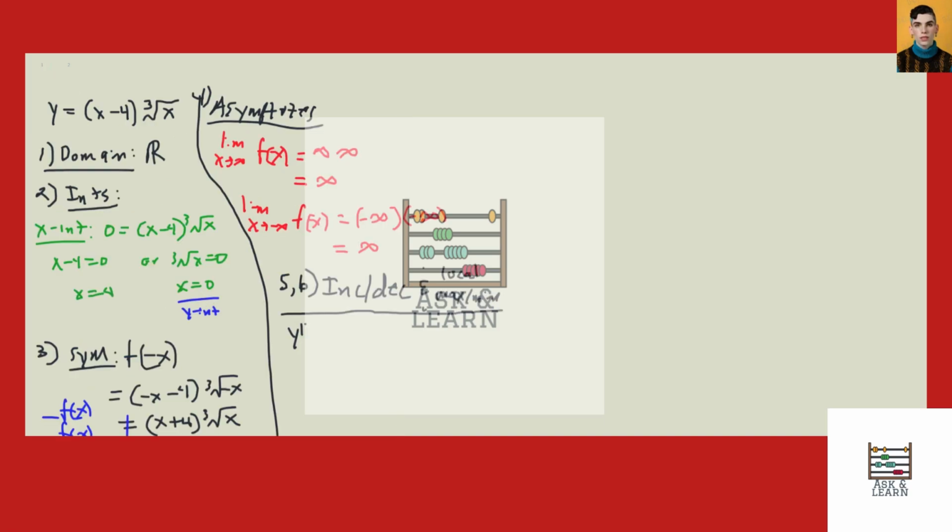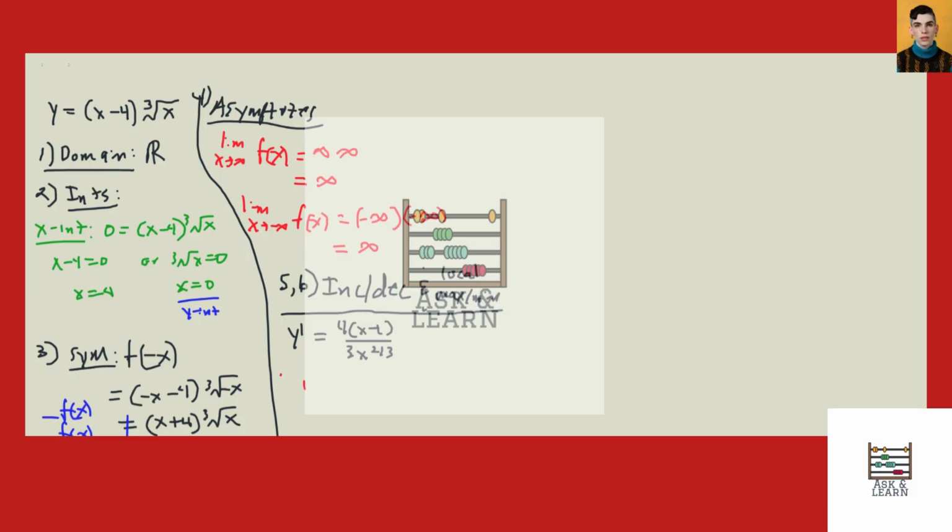All right, so now let's go ahead and write down what we found. We found our first derivative is going to be 4 times x minus 1 over 3x to the 2/3. Now we need to figure out where this function is increasing.